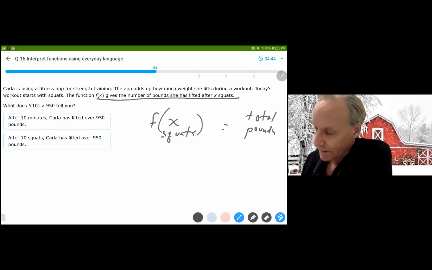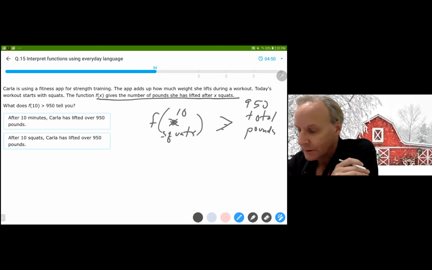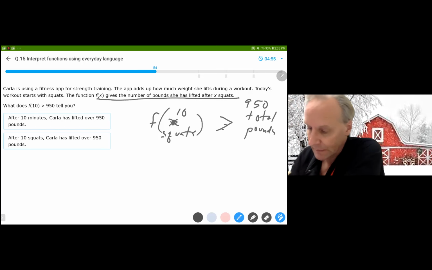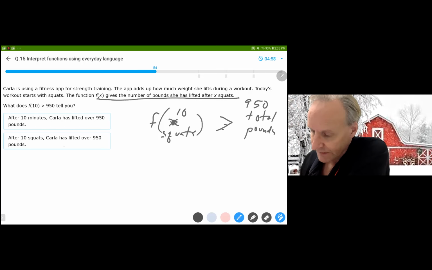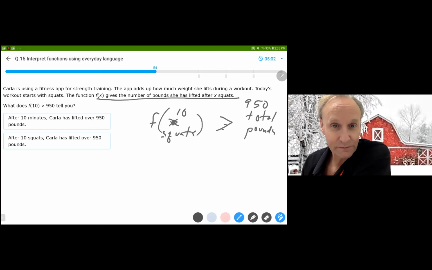And after 10 squats, she has done more than 950 total pounds. So obviously she's squatting more than 95 pounds. After 10 squats, Carla has lifted over 950 pounds. It's a lot easier to do 10 at 95 than 1 at 950, I promise.